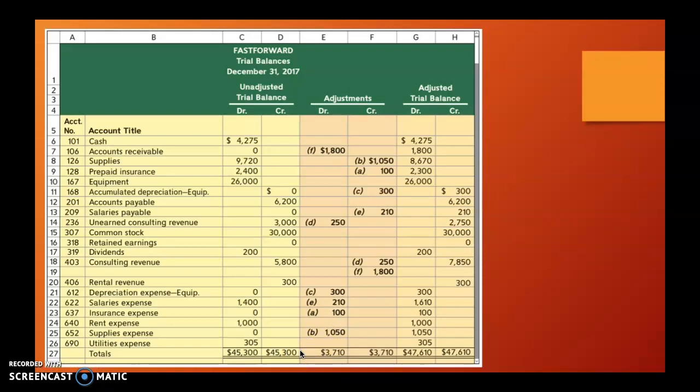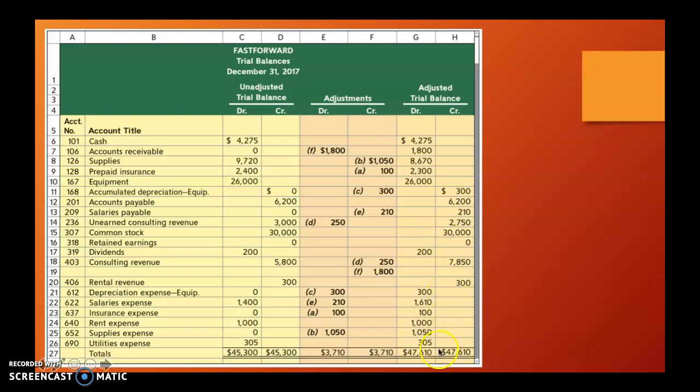As you can see, a basic principle of accounting is that debits and credits balance. So on the unadjusted trial balance, you can see that the debit balance and the credit balance totals are equal to each other. That same thing should apply in your adjustments column. So see 3,710, 3,710, they both equal.